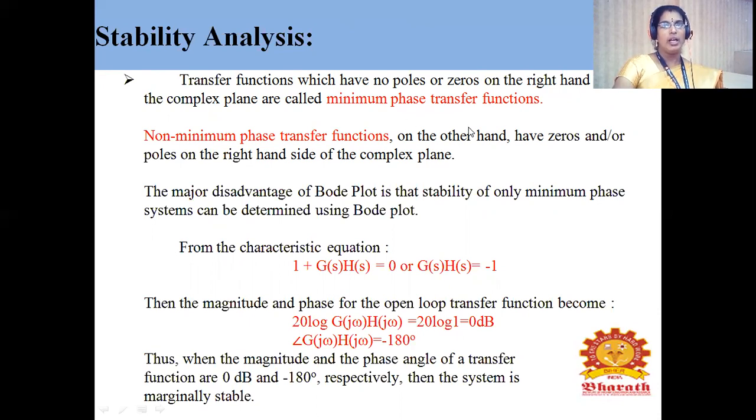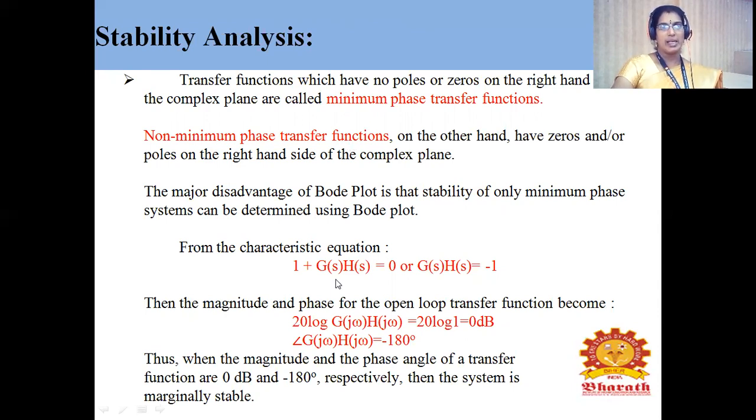On the other hand, if you are going to have poles or zeros on the right half of the S plane, then that type of functions are called as non-minimum phase transfer functions. So the major disadvantage of Bode plot is that stability of only minimum phase systems can be determined using Bode plot. That is, non-minimum phase transfer function cannot be obtained using Bode plot.